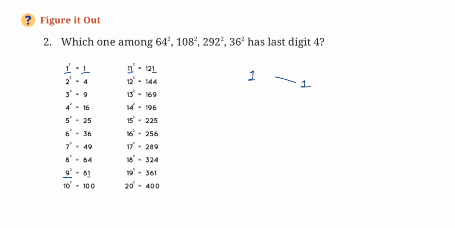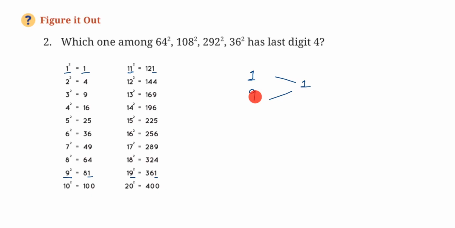So in the case of 9 also, the square will always end with 1. So if the square has a 1 in the last digit, then the number will always end in 1 or 9. I hope it is clear.